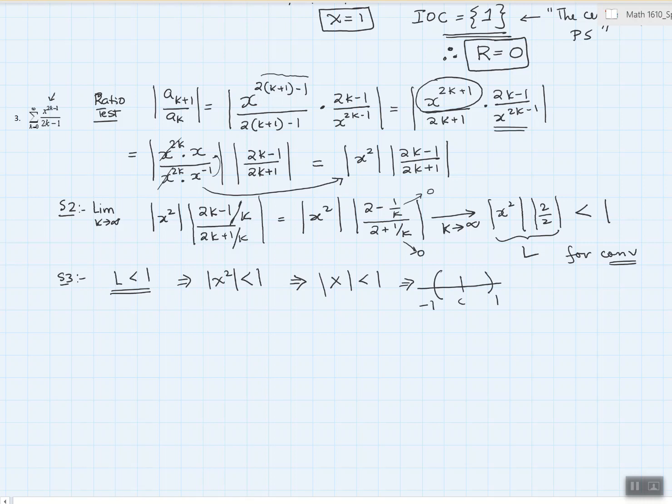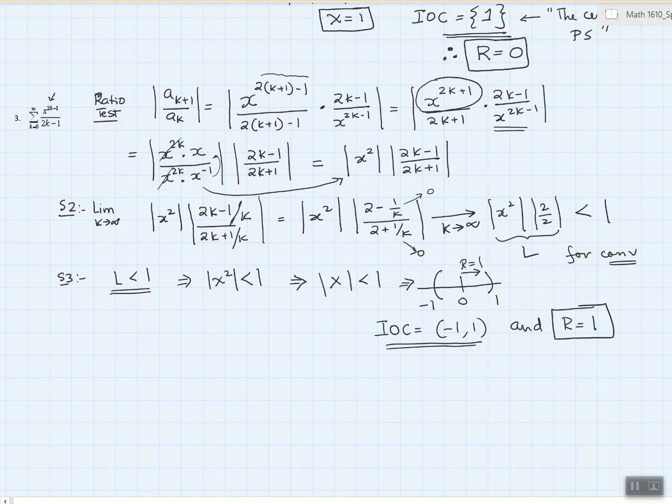Center is 0, therefore radius is 1. So interval of convergence is -1 to 1 and R is 1.